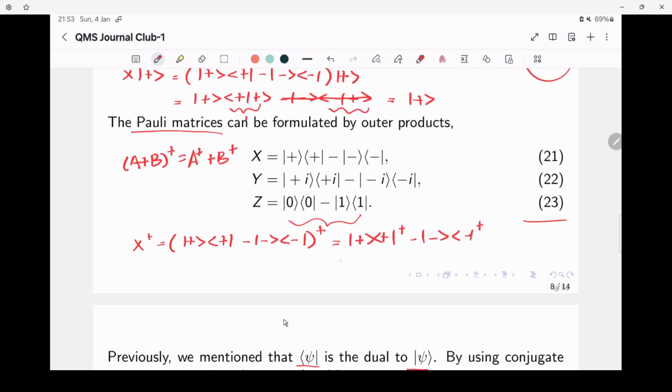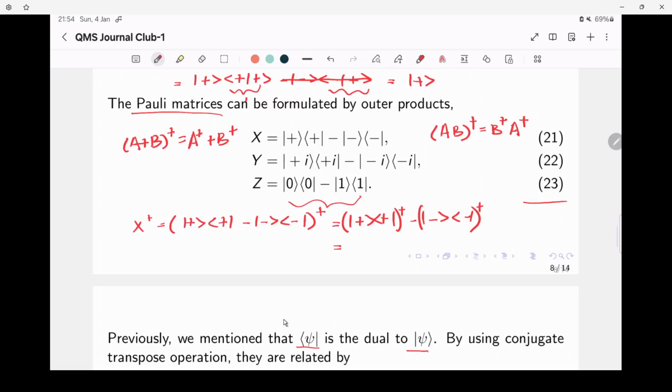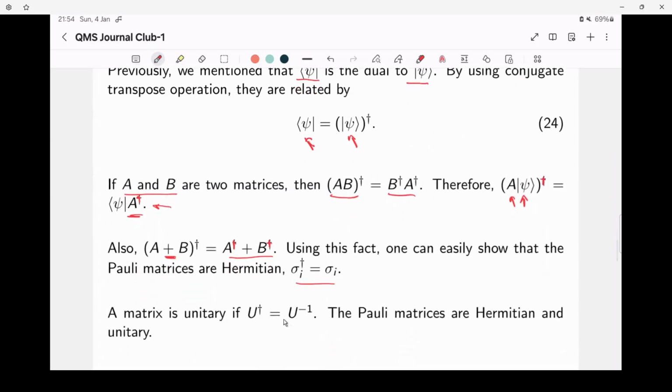Then this is considered a multiplication, and you know that (AB) dagger equals B dagger, A dagger. So when you switch the order, you get back something like this. You can repeat the same steps for equations 22 and 23 to show that they are Hermitian.